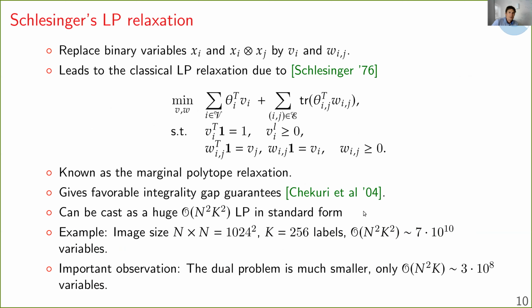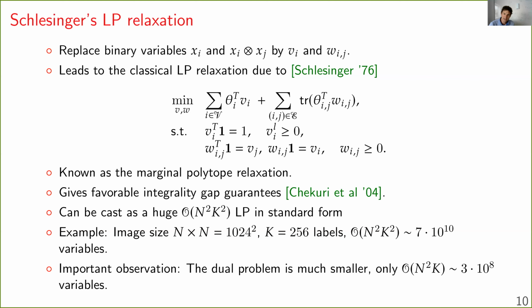So then the natural next thing, in order to make this problem convex, because the previous problem was still non-convex since we're optimizing over binary vectors, is you replace binary variables xi by vi that live in the unit simplex, and you replace these outer products of xi and xj with variables wij that also live in the unit simplex.